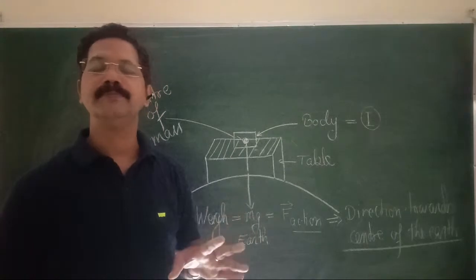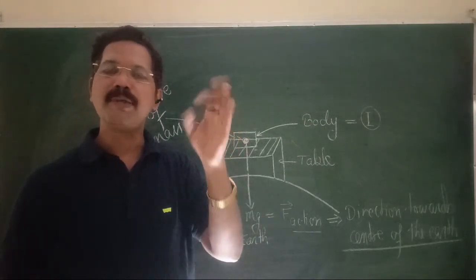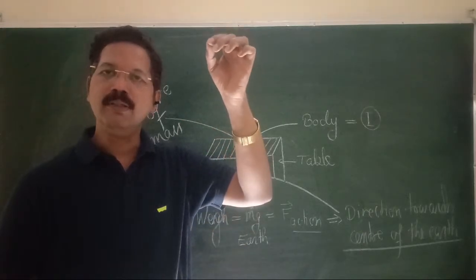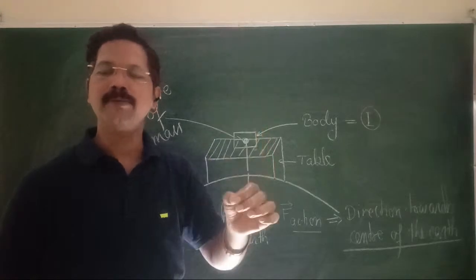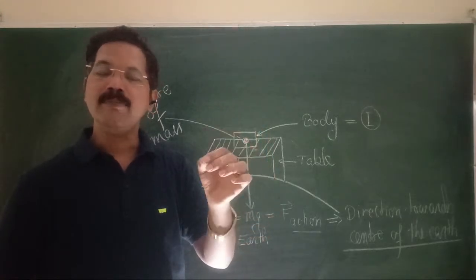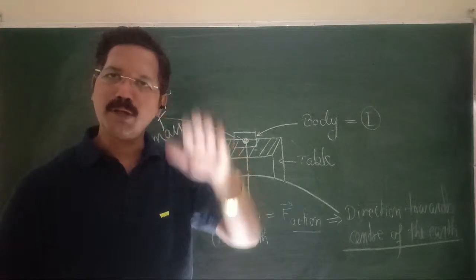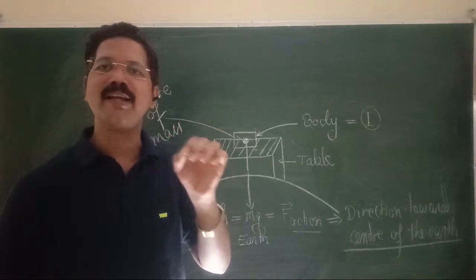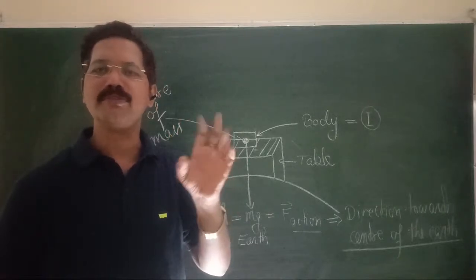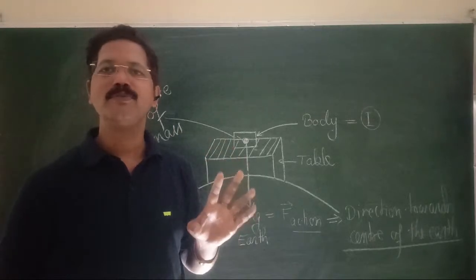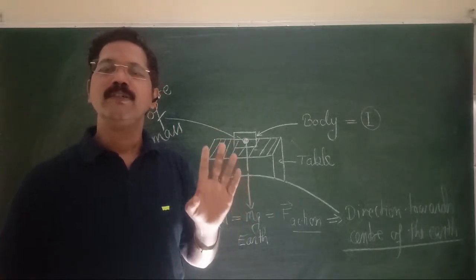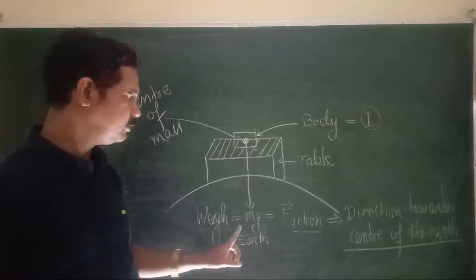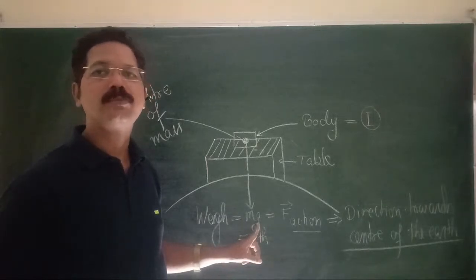Towards the center of the earth. If you are on the 10th floor, the force acts downward. A person on the 2nd floor below the ground also takes the force of action as acting downward. There is confusion in the calculation, so always consider that the force of action applied by the earth, that is weight, goes towards the center of the earth.